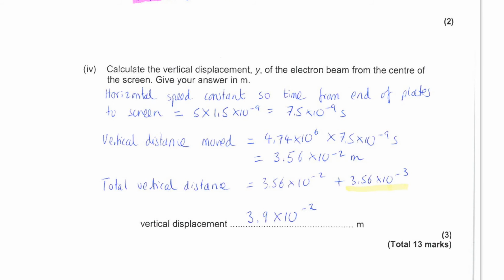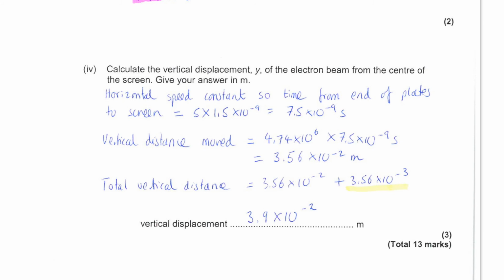we can consider the journey of the electron from the end of the plates to the screen. We know that it experiences constant speed and that the horizontal speed has never changed during this problem. So we now need to know how long the electron will be travelling between those 2 points. Now, we know the horizontal speed is constant, so the journey time will relate directly to the distance.